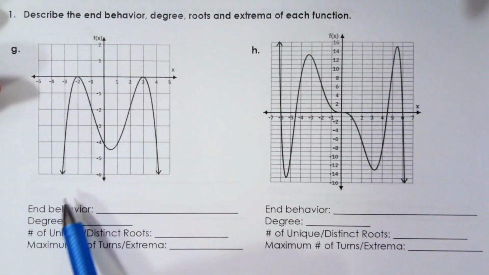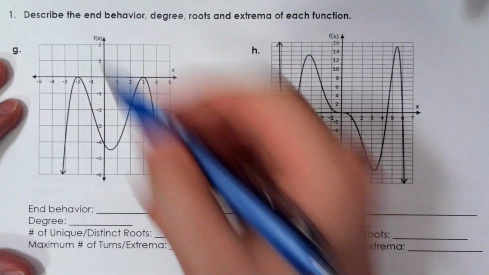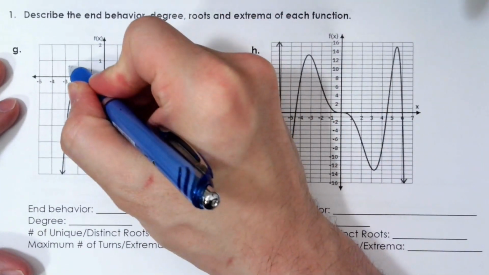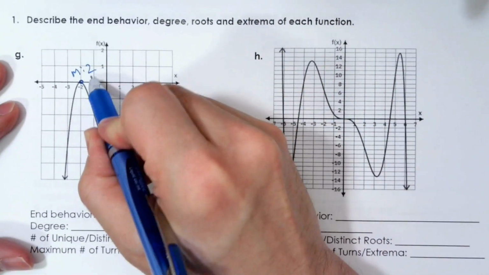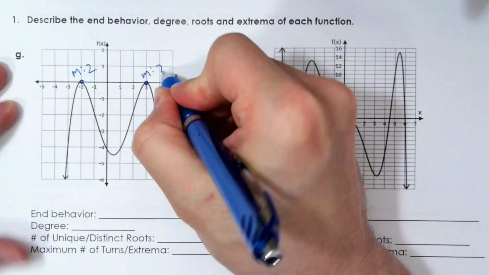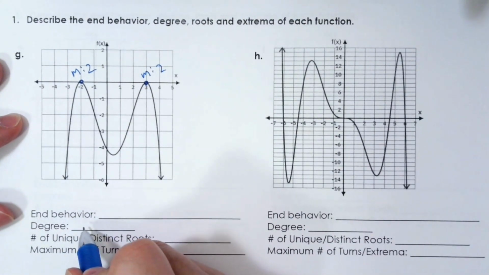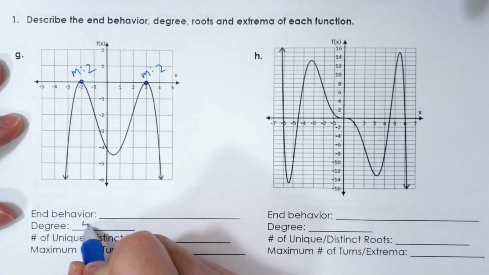In here, I'm not going to bother filling in the end behavior. You've had enough examples of that. Here we have a 0 that has multiplicity 2 or a larger even number. So the minimum degree you could think of as 4.